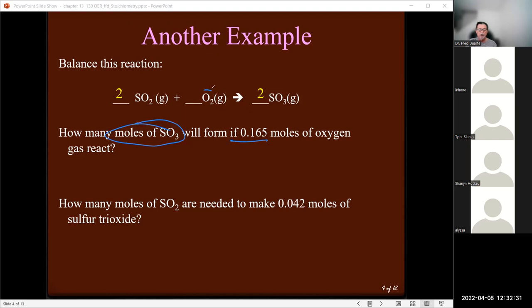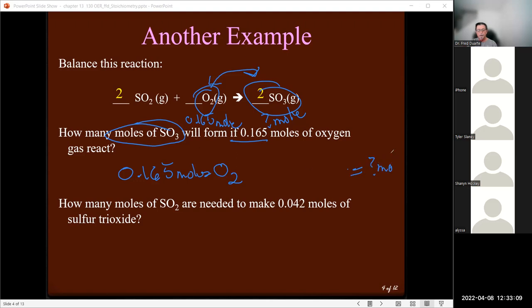And so our only concern is the relationship between oxygen and sulfur trioxide. So if we begin with 0.165 moles of oxygen, how many moles of sulfur trioxide will be created? So like we've been doing, write down what you're given. So we are given 0.165 moles of O2, and we are looking for moles of sulfur trioxide.